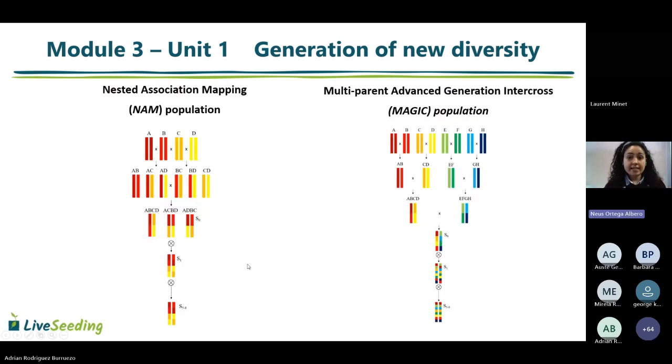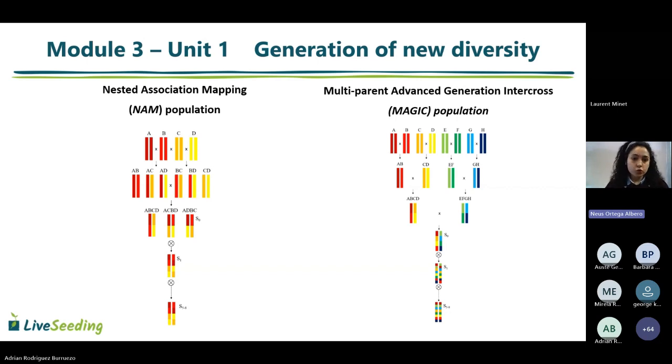So nested association mapping is based on the cross between more than two founder lines and the intercrossing between the hybrids and/or backcross to a recurrent founder line interesting for any reason, finishing in a population of recombinant inbred lines, or RILs, with different genomic combinations of the recurrent founder lines.